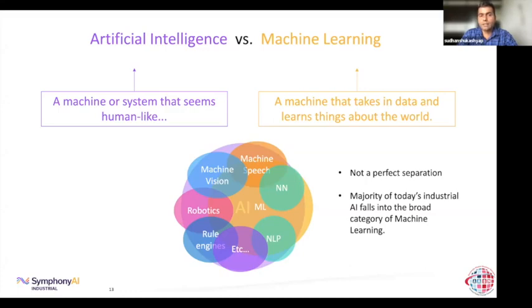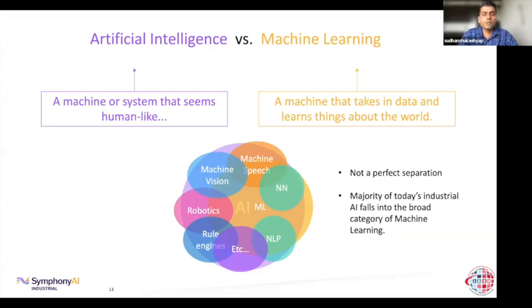So you might see artificial intelligence and machine learning being used interchangeably in the industrial or even other domains as well. So don't get confused between these two terminologies. That's why I wanted to highlight it.